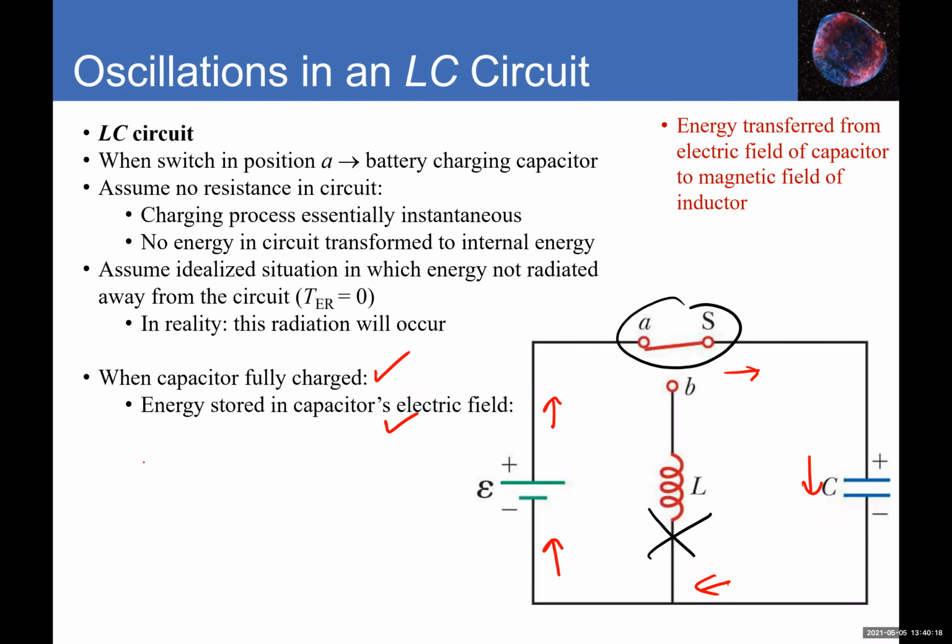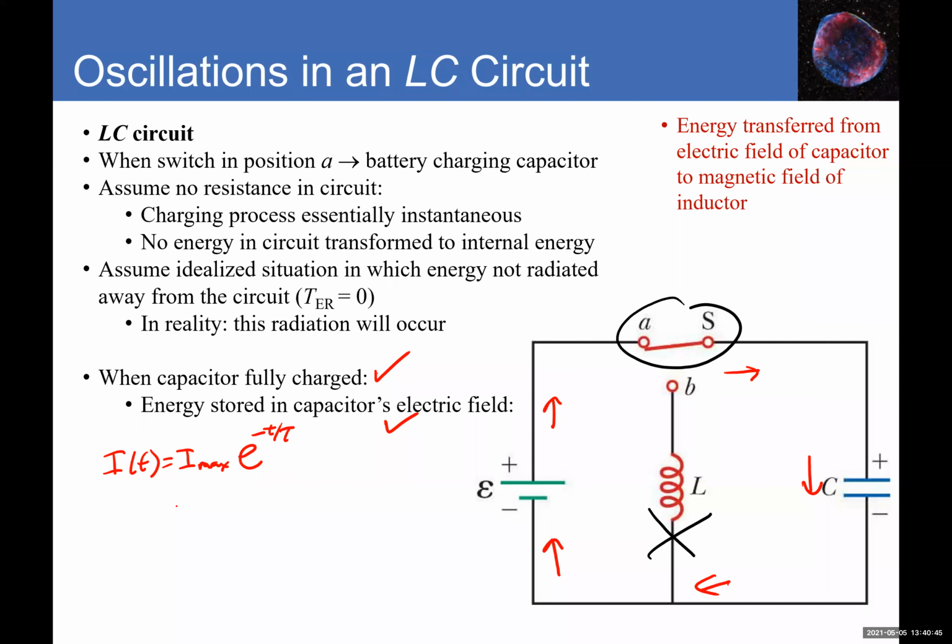The current as a function of time is equal to the maximum current times e to the negative t over tau. That means the current basically goes to zero as the capacitor becomes fully charged.